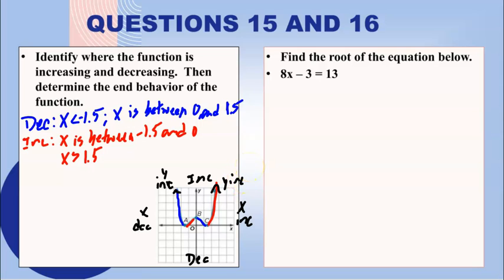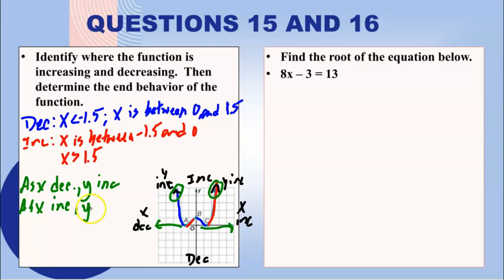So my end behavior would be as x decreases, so when I go to the left, the arrow is pointing up, y increases. And as x increases, so when I go to the right, the arrow is pointing up, so y would also increase.